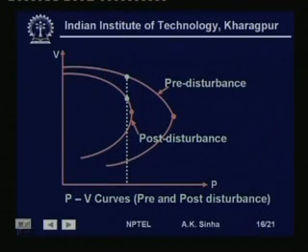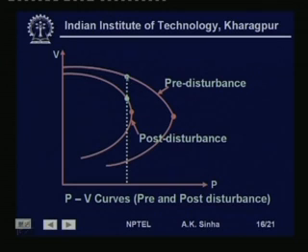So, the voltage drops on those lines are going to increase. So, the receiving end voltage is going to go down, and the PV curve will look something like this. That is, from this pre-disturbance condition we come down to this post-disturbance condition.